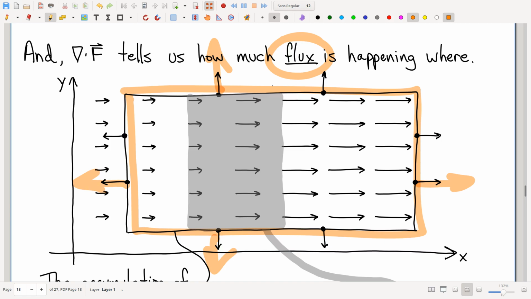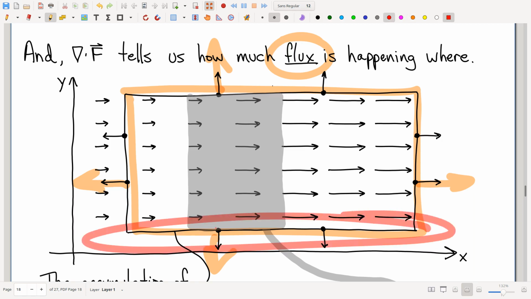We look at the various pieces on the bottom. My fluid's going that way. My normal vectors are that way. They're perpendicular. Dot product is 0. There's no flux through this bottom edge. Likewise, there is no flux through that top edge. Okay.